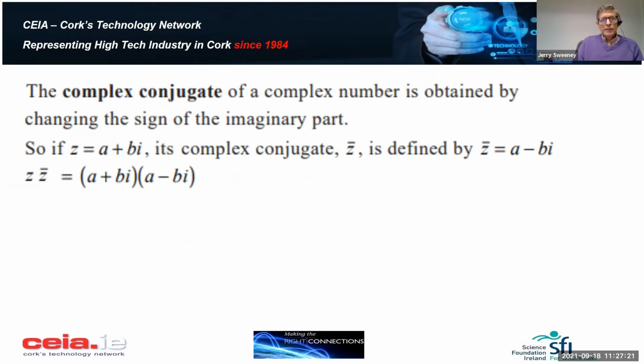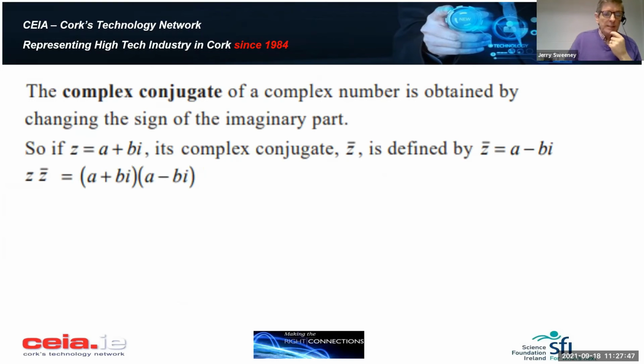Now, the complex conjugate of a complex number is obtained by changing the sign of the imaginary part. So if we have a complex number, a plus bi, then its complex conjugate, which is written as z bar, or x bar, y bar, or whatever, z is usually used for complex numbers, is defined as z bar is equal to a minus bi.